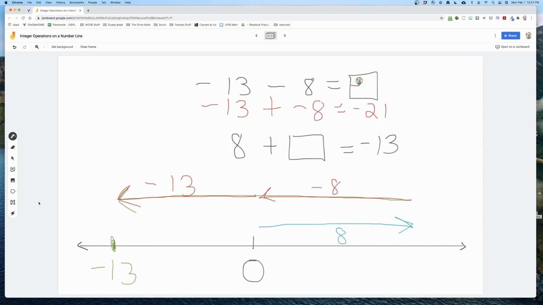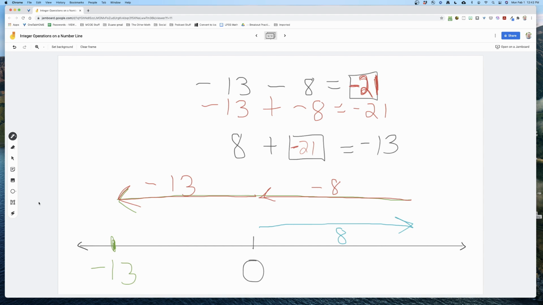So we know the answer to the subtraction problem is negative 21, the missing addend.